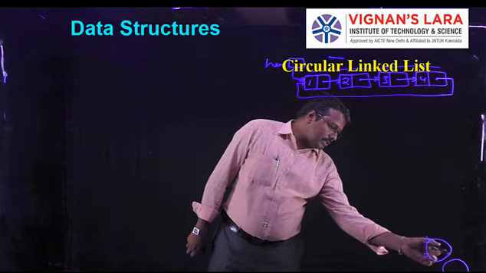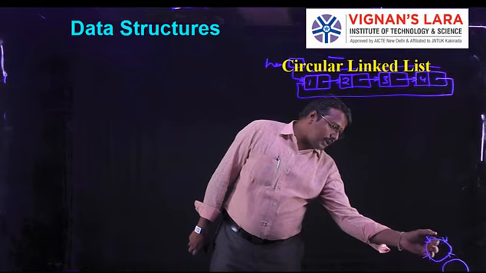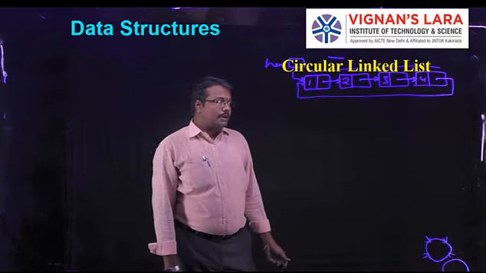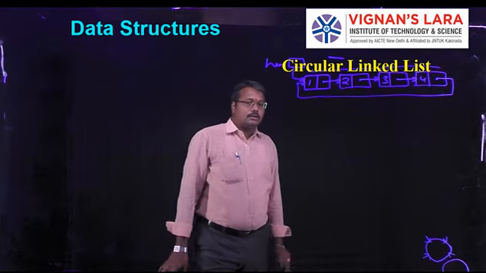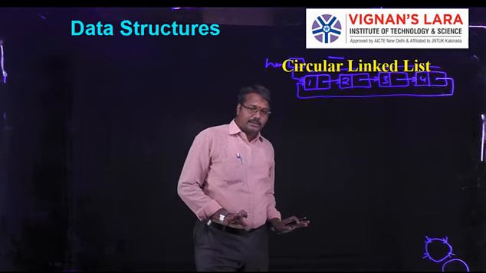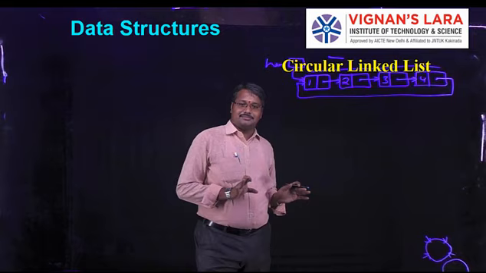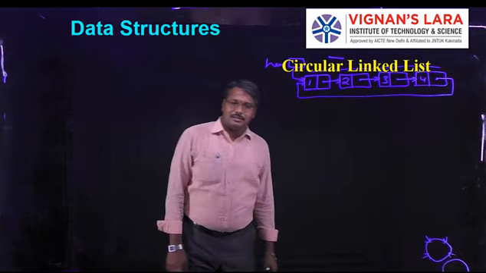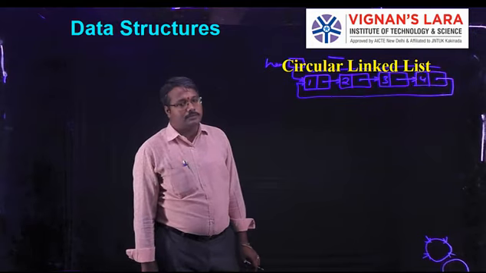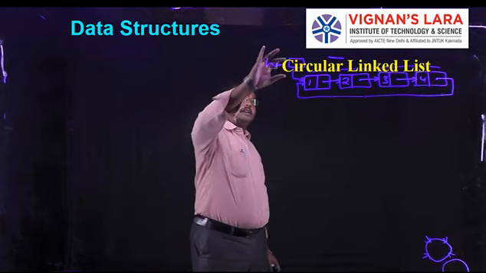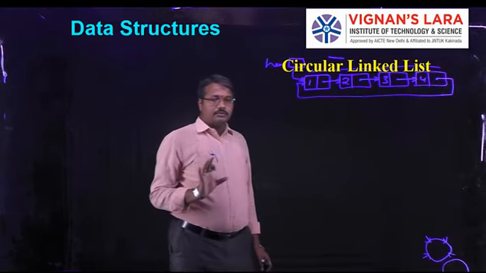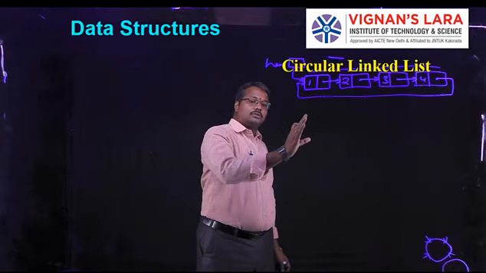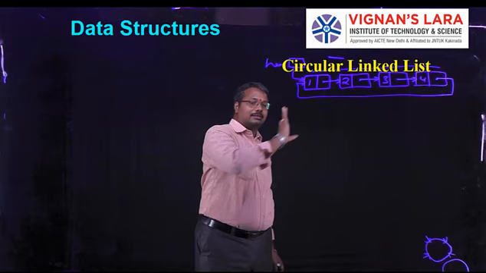As I already said, for a circle there is no starting point and no ending point, so each and every node can be treated as a starting or ending one. Only one pointer is enough to enter into the circular linked list.